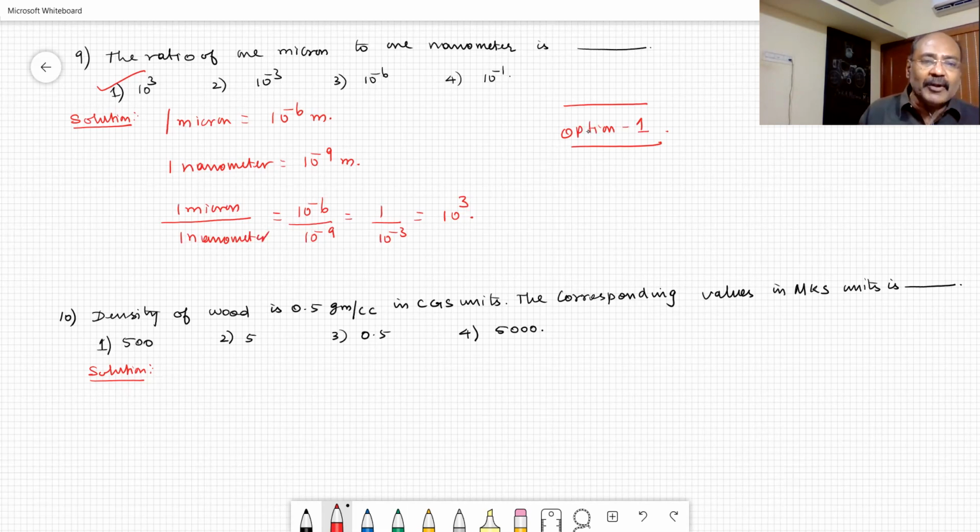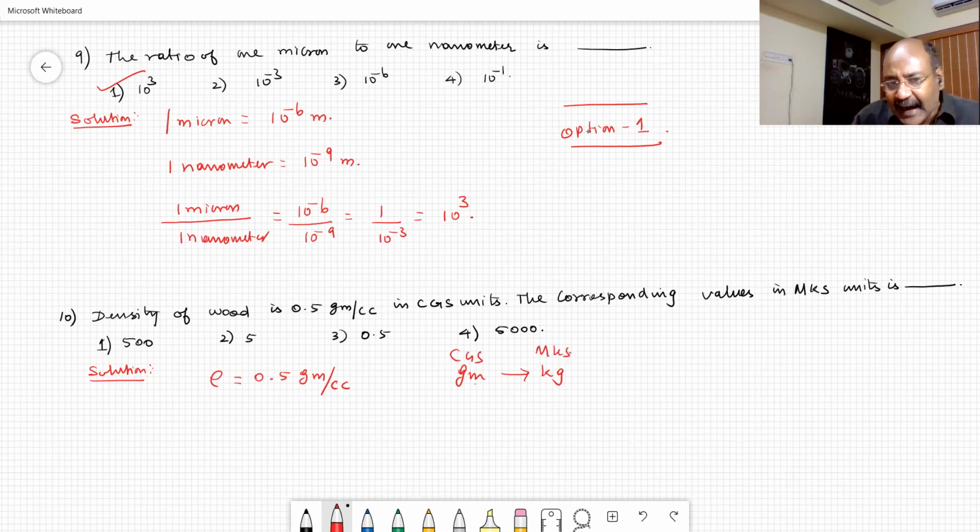Similarly, the next problem: density of the wood. Density is given as rho equal to 0.5 gram per cubic centimeter in CGS units. The corresponding value in MKS units: this is CGS and this is MKS.